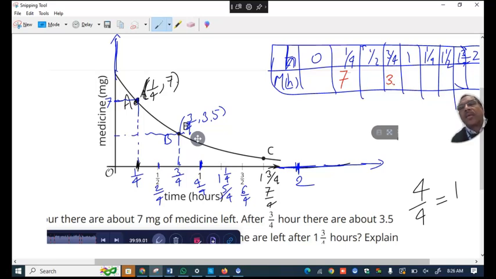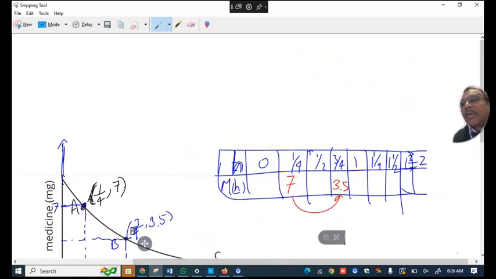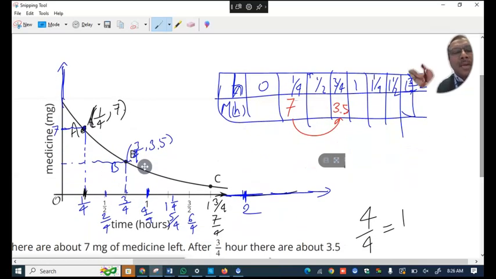Do we even need a calculator to figure out the decay factor here for that period from 1/4 to 3/4? How many hours passed? This is so beautiful, actually. If you can understand this, really good.